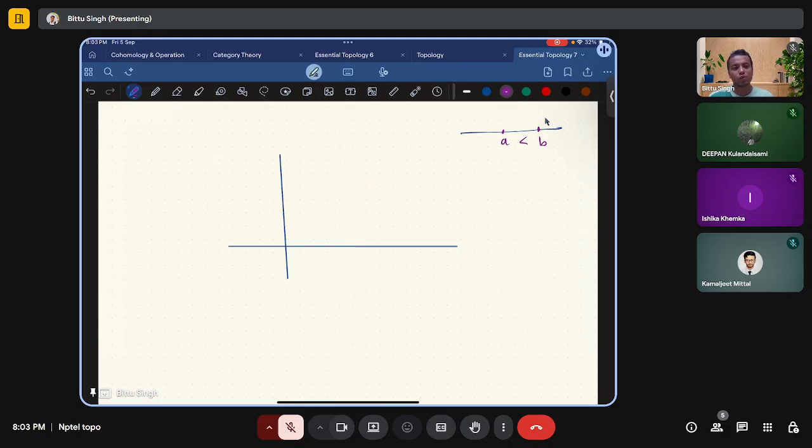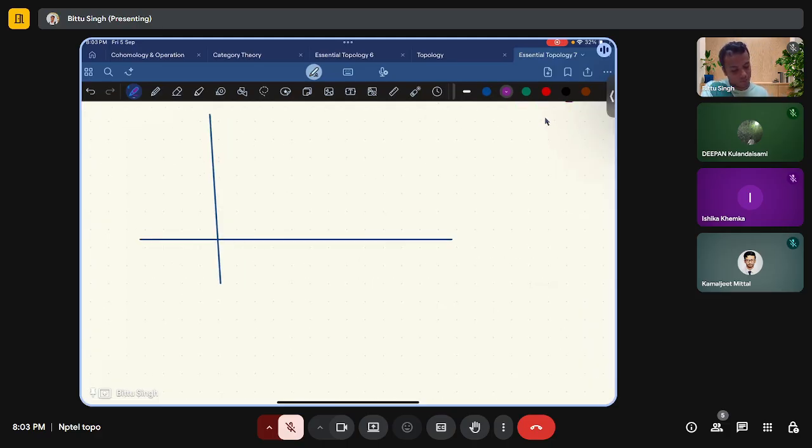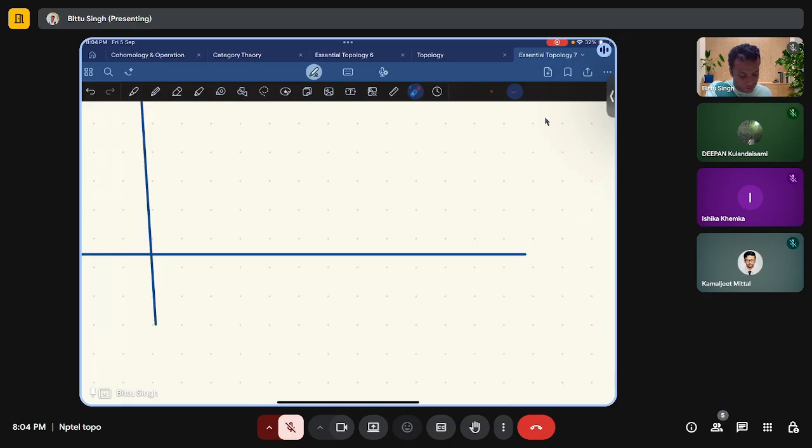But in R2, it seems there is no natural ordering. This is not true, because you can always think of this kind of grids. Can you see the grids? So for finite grids, let me draw this.